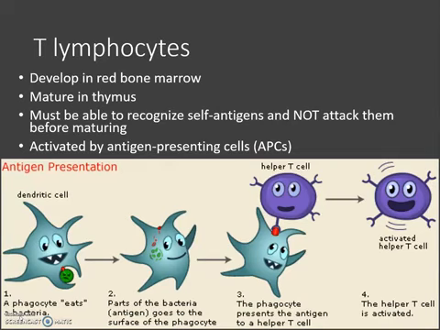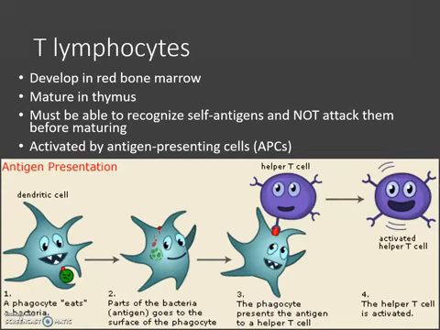Now, the first thing is that they have to be able to recognize self-antigens and not attack them before they mature. Basically, they go through a selection process where, if they aren't able to differentiate the good antigens that are supposed to be on your cells versus the bad antigens that are on the pathogens, then they don't make it to maturity.